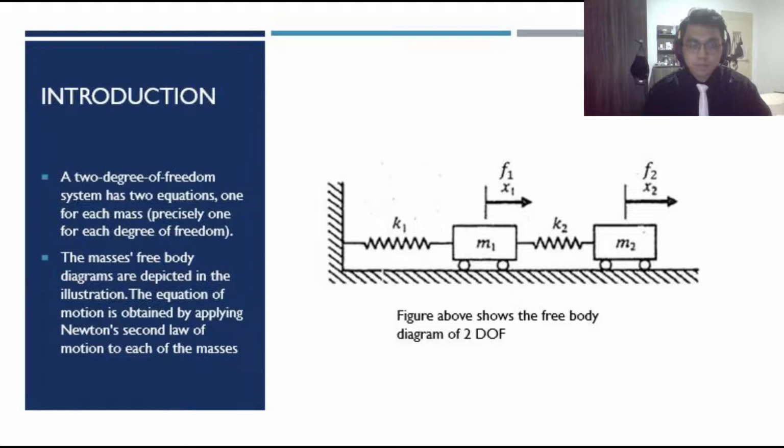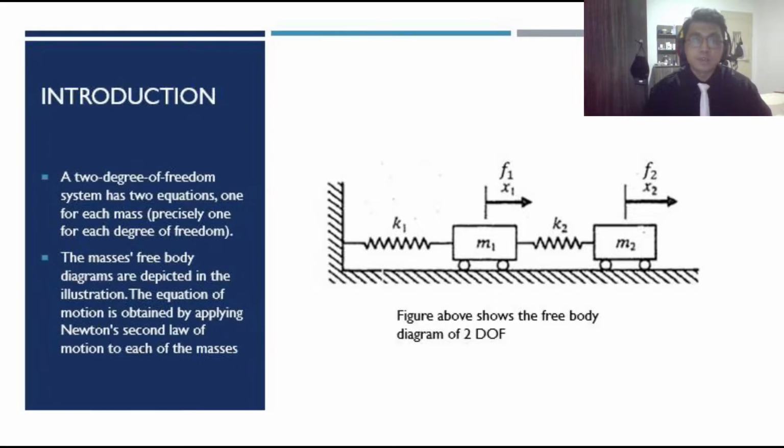Okay, for the introduction of the project, the 2 degree of freedom system has two equations. As we can see in the figure shown, it has different or separate masses.